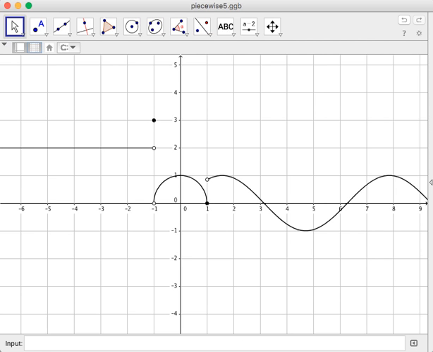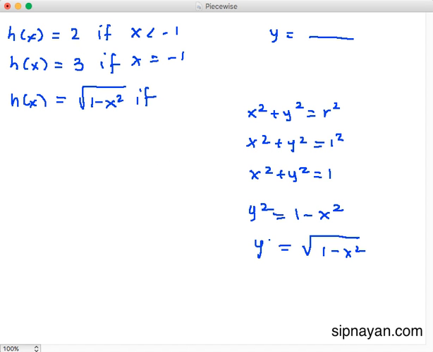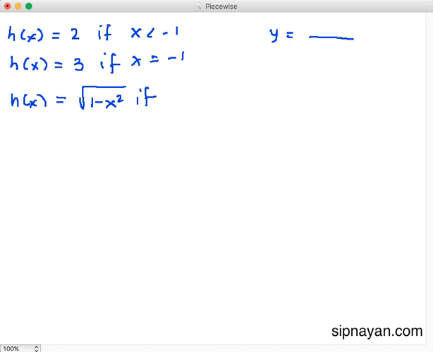Paano natin isusulat yun? I think you're already familiar with that. So x is between negative 1 and 1. Greater than negative 1 yung x. Nakaharap sa kanya yung equality symbol natin. So, mas malaki yung x sa negative 1. Pero mas maliit siya kaysa sa 1.